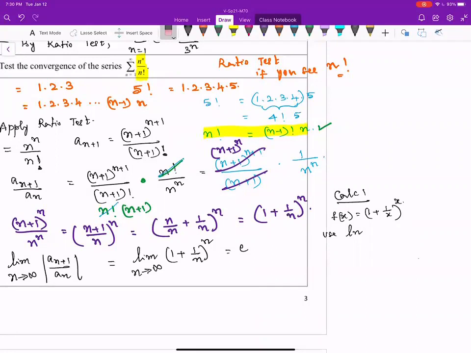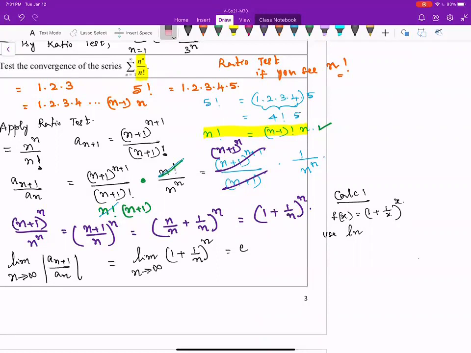So in your calculus 1 class, you would have done this kind of problem where you would have found the limit of the function f(x), which is of the form (1 + 1/x) to the power x. As the base is a function and the exponent is a function as well, you will do ln on both sides.